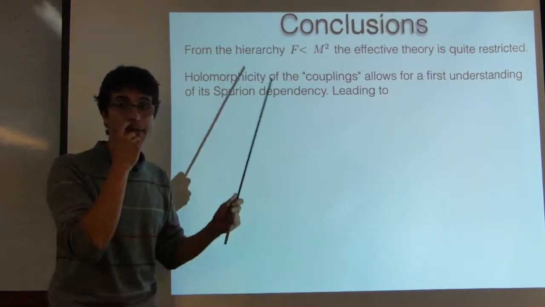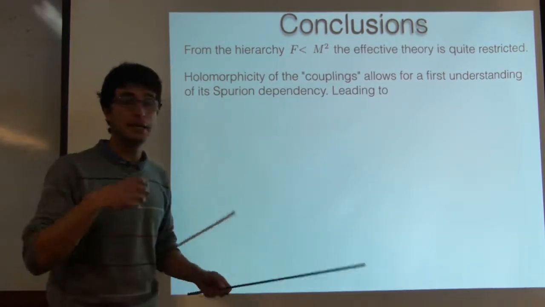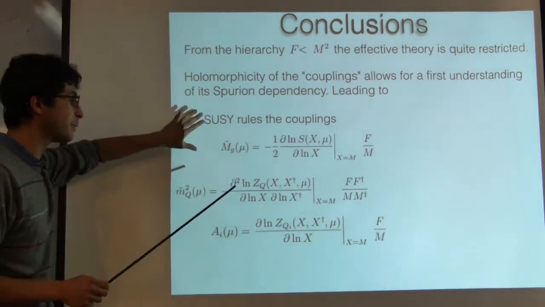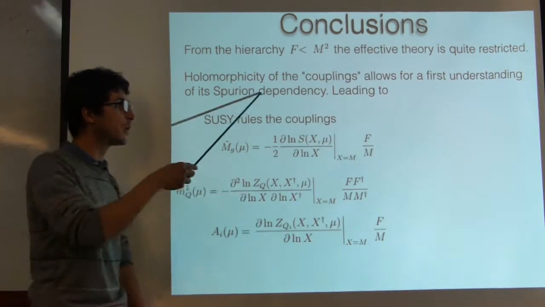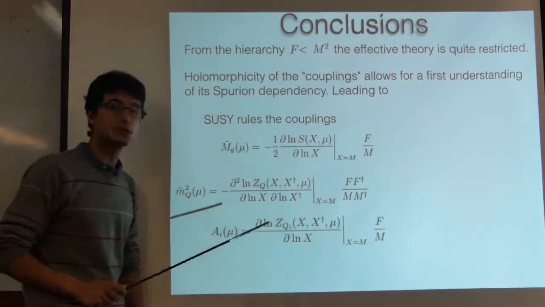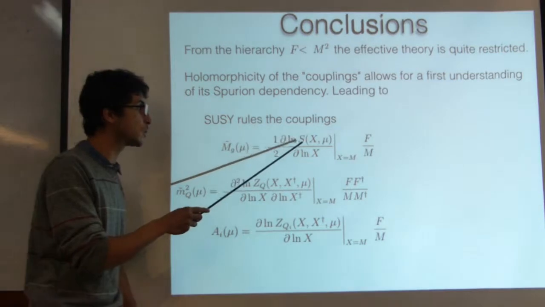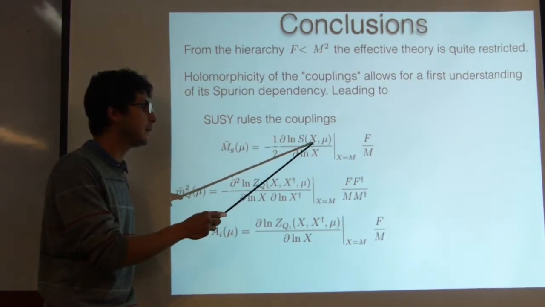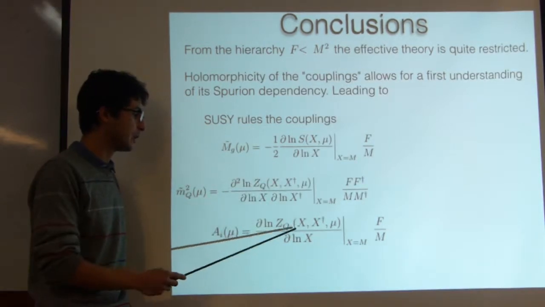And this is what I'm saying here: holomorphicity leads to very direct expressions for the soft terms, and this is what we express here. So we know what the expressions are going to be, and what remains is to get the explicit dependence of these guys on the spurion fields.